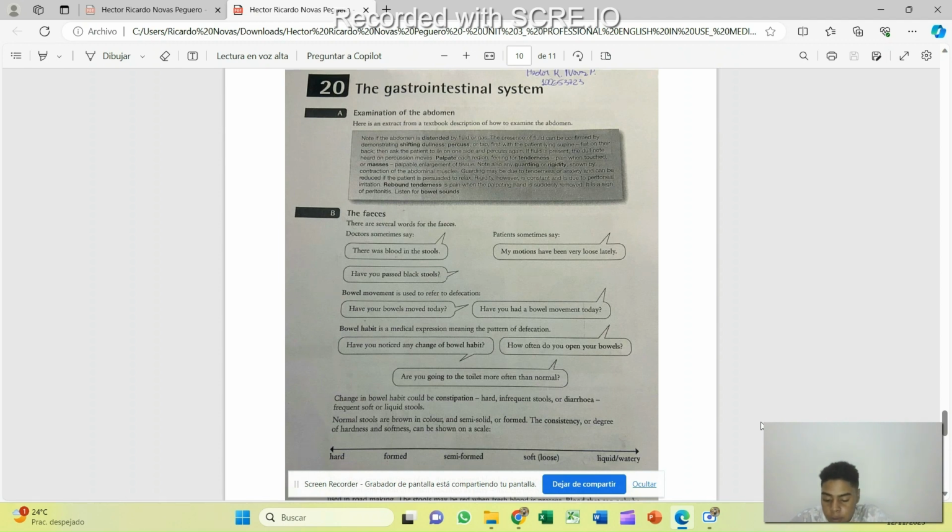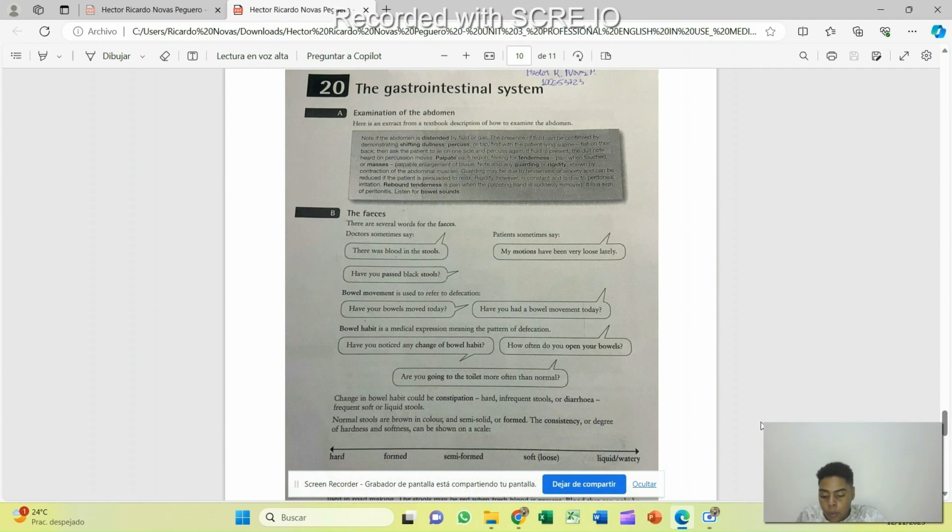or anxiety, and can be reduced if the patient is persuaded to relax.